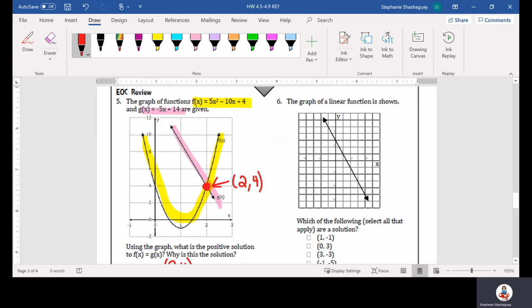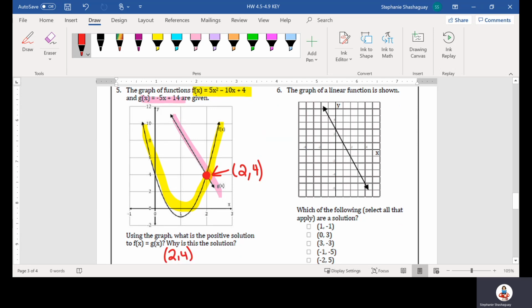Number 6, the graph of a linear function is shown. Which of the following, select all that apply, are a solution? So we need to identify which points fall on this graph. And I'm going to highlight just because it's really hard to see here again. This is my y-axis.